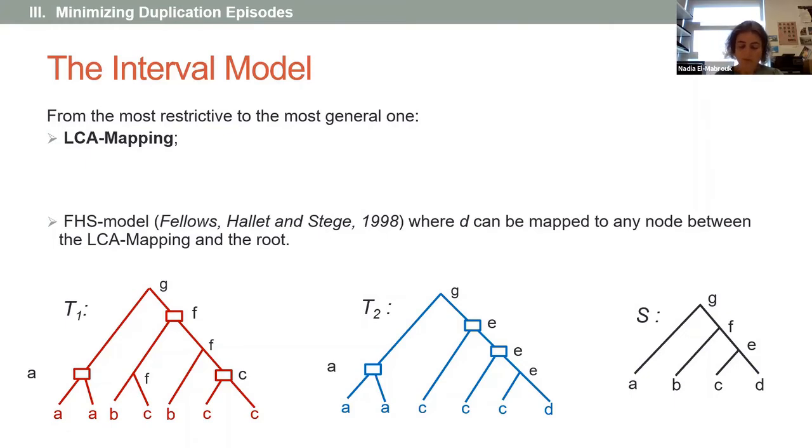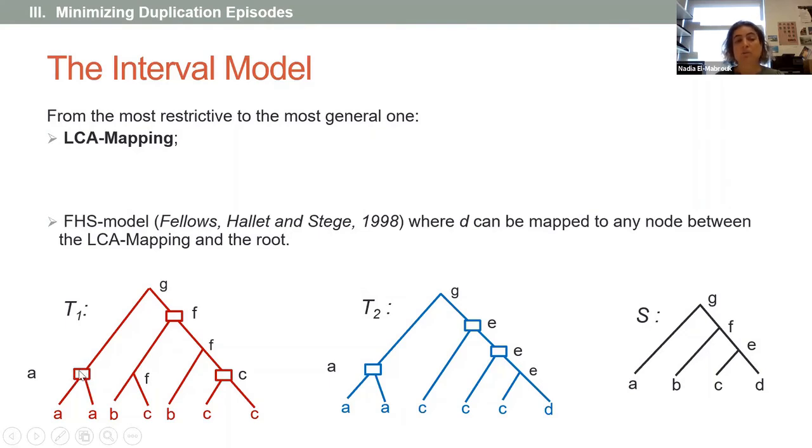And the most relaxed one would be the FHS model, the Fellows, Hallett, and Stege model, where the duplication can be mapped to any node between the Lca mapping and the root of the species tree.